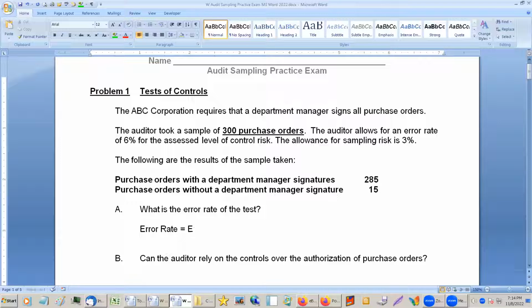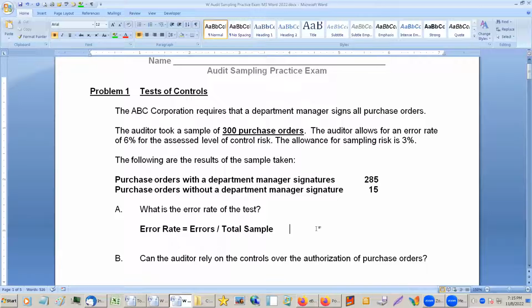So you take the errors divided by the total sample. Anyone? 0.05.